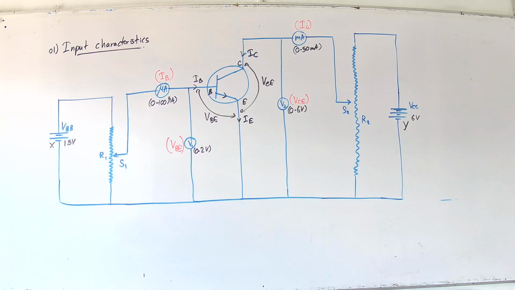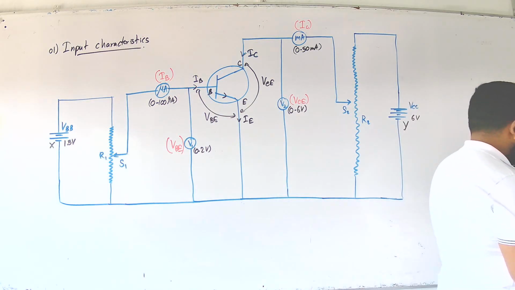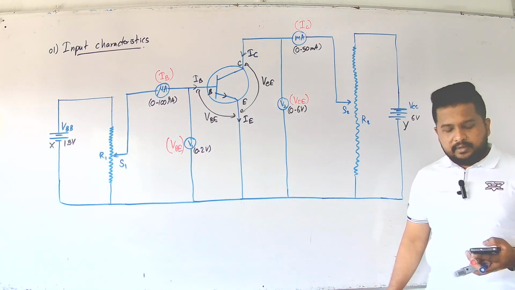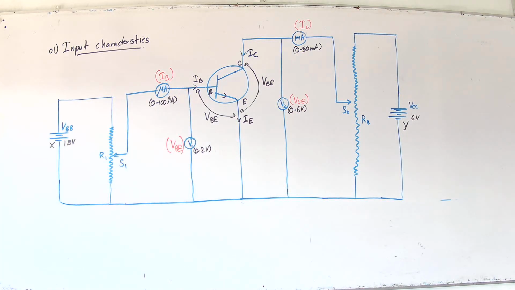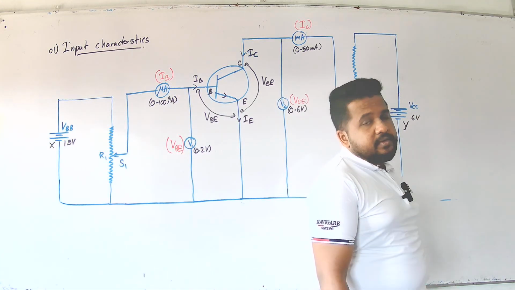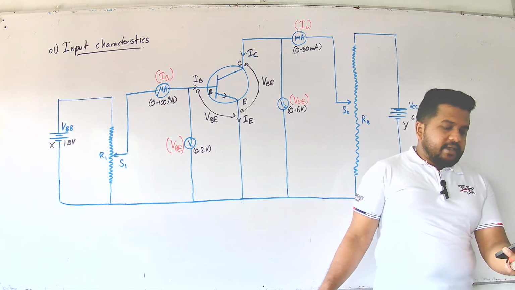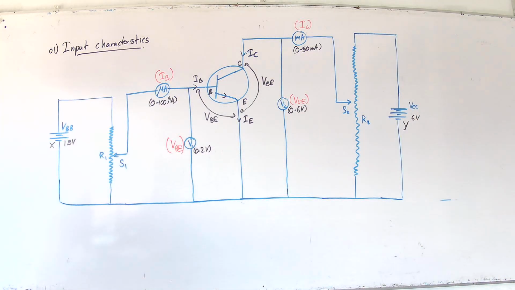Write down: in a common emitter amplifier, input is taken to be the potential at base relative to the emitter, in brackets VBE.